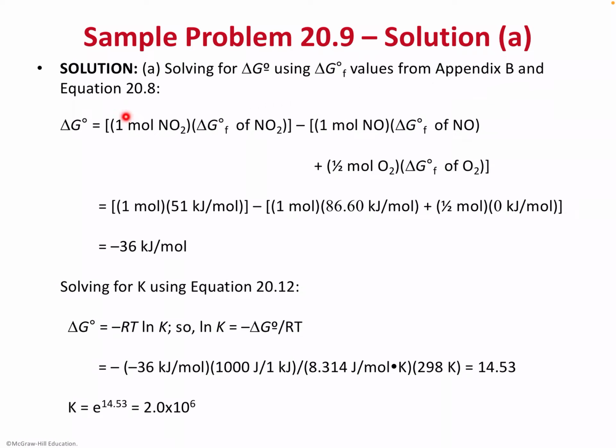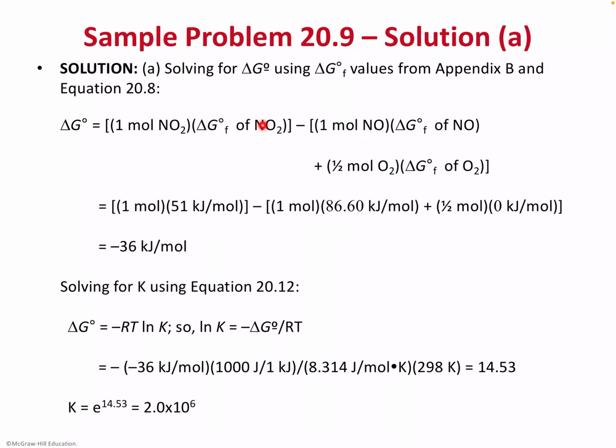This is equation 20.8, where delta G naught equals the sum of all the delta G naught values for the products minus the sum of the delta G naught values for the reactants. So 1 mole nitrogen dioxide times the delta G value for that. These values should be given to you.